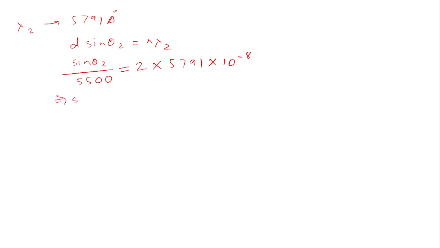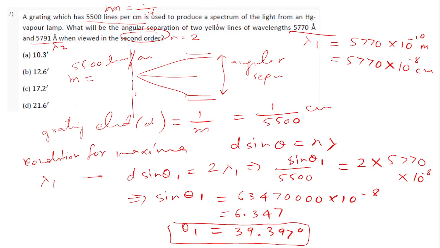We'll get sine theta 2 is equal to 2 times 5791 multiplied by 5500, which is 0.63701, and theta 2 will be 39.569 degrees.